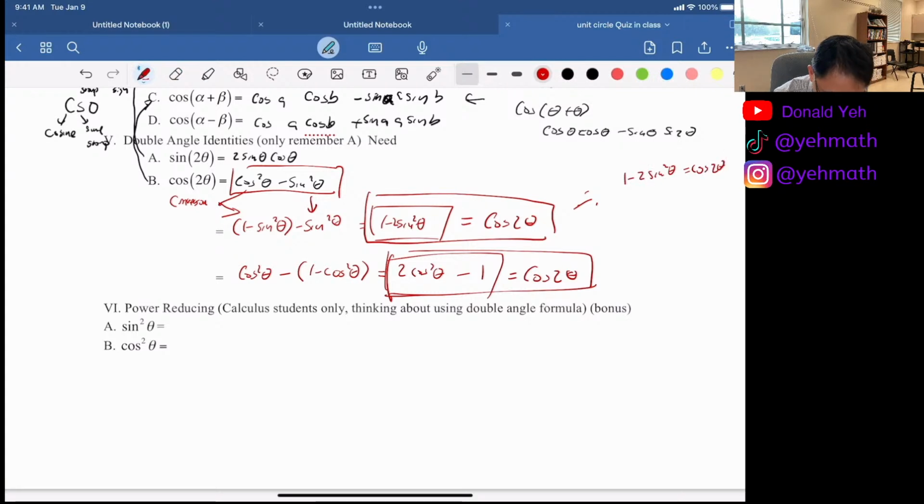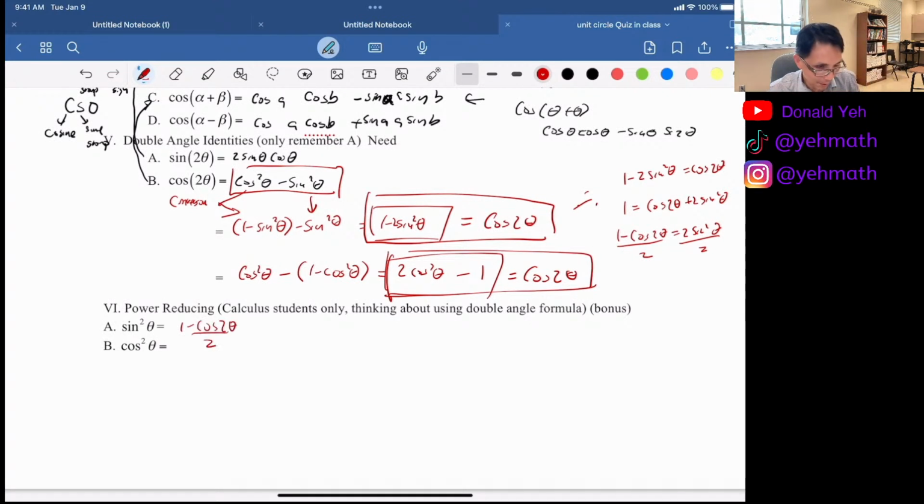First I moved to the other side, so it will be 1 equal to cosine 2 theta plus 2 sine square theta. And I moved cosine 2 theta to this side, so it'll be 1 minus cosine 2 theta equal to 2 sine square theta. Then I divide by 2 on both sides. So that becomes 1 minus cosine 2 theta over 2, and that becomes the first power reducing.